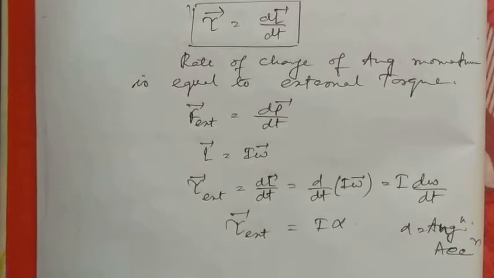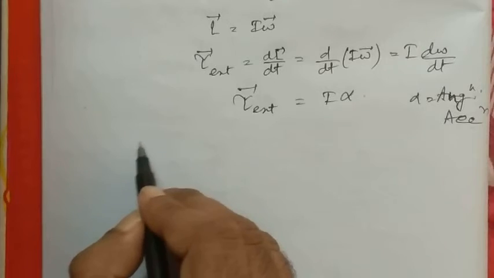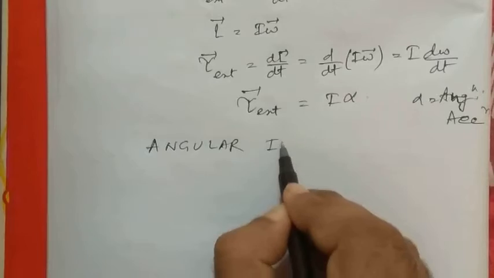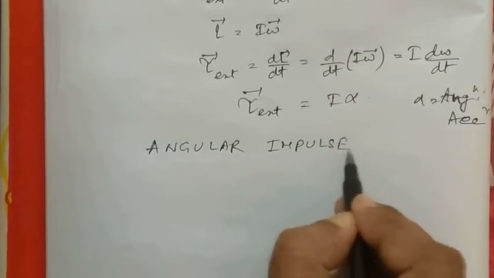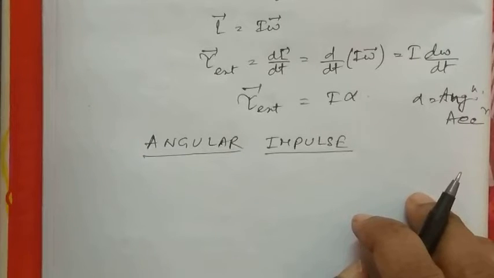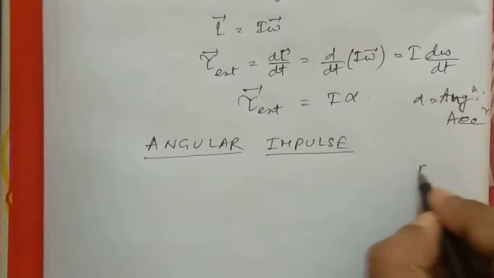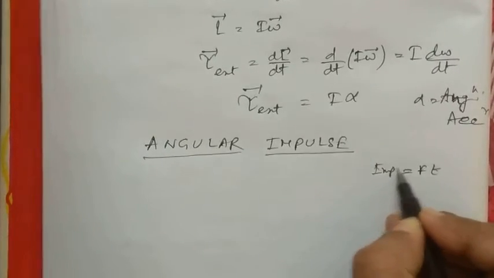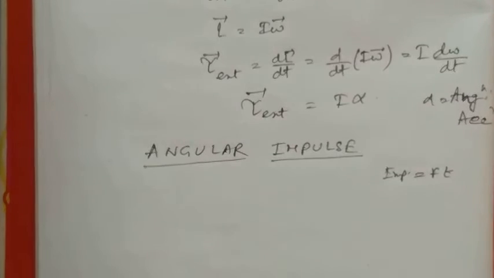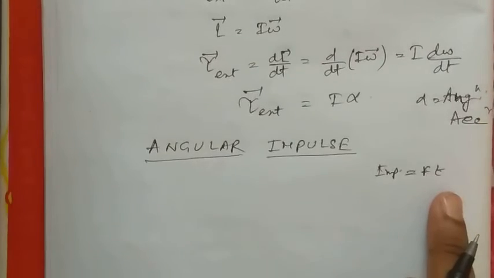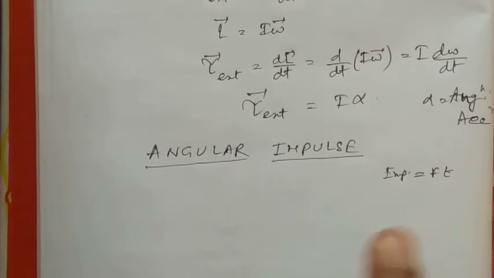After completing Newton's second law, let us move on to angular impulse. What was impulse in the translational part? It was the product of the force and the time. Or rather, it was the change in linear momentum. Either we say it is the product of force and time, or the change in linear momentum.